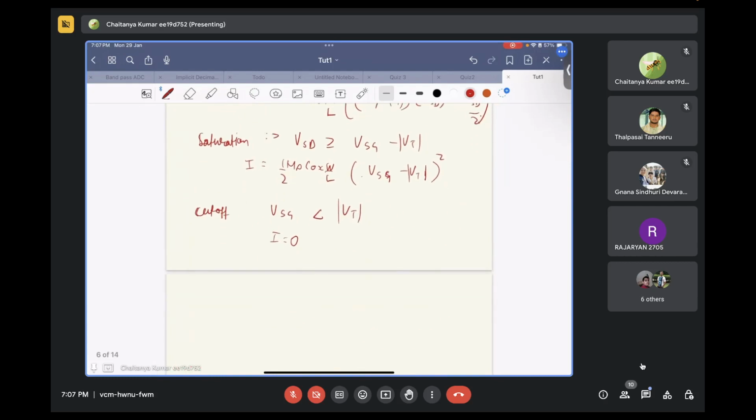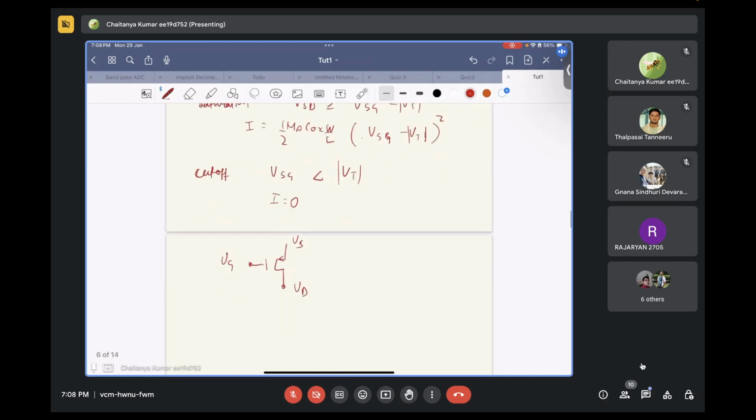So for saturation, with Vs, Vg, and Vd, VSD must be greater than or equal to VSG minus modulus of Vt.